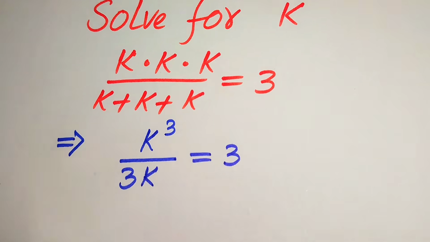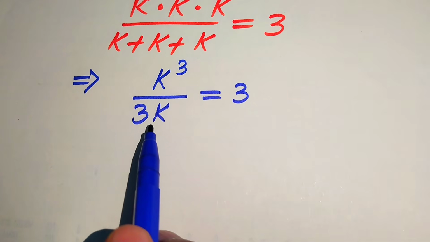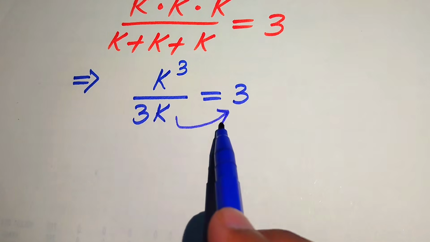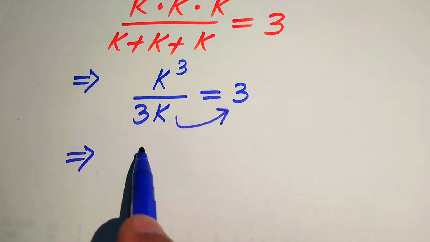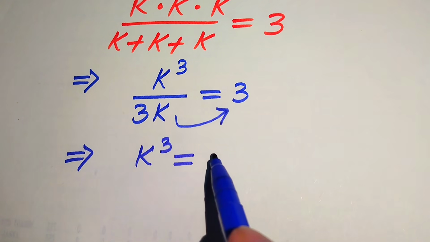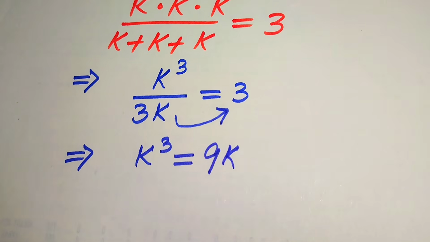And now, in the next step, we need more simplifications. Here we move the term 3k from the left hand side to the right hand side. When we move this term to the right hand side, it is multiplied by this 3, and this will be written as k cubed is equal to 3 multiplied by 3, which becomes 9, and this is our k.